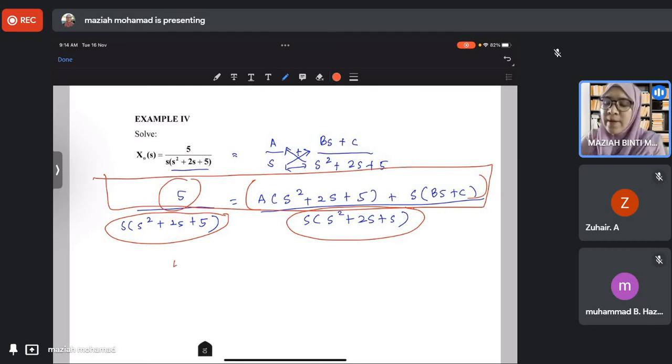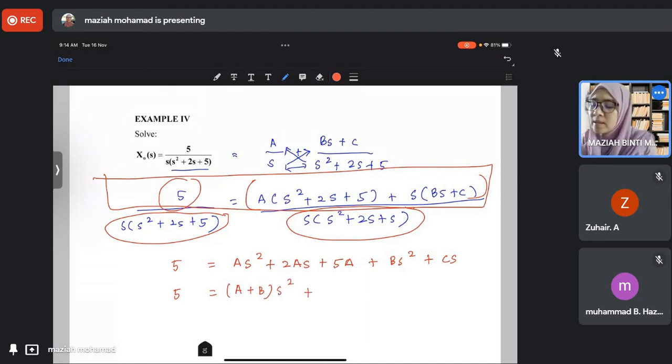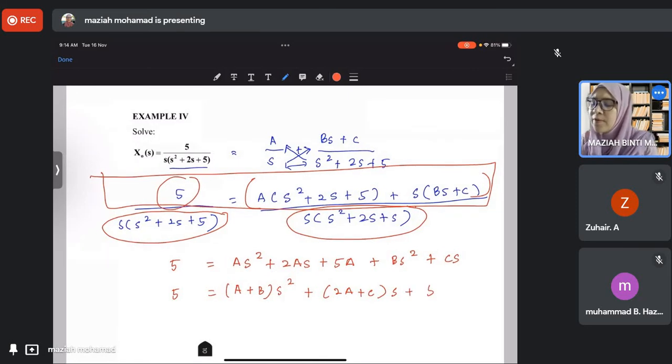So we're going to write 5 is equal to AS square plus 2AS plus 5A plus BS square plus CS. So we have 5 equal to A plus B times S square, plus 2A plus C times S, plus 5A.